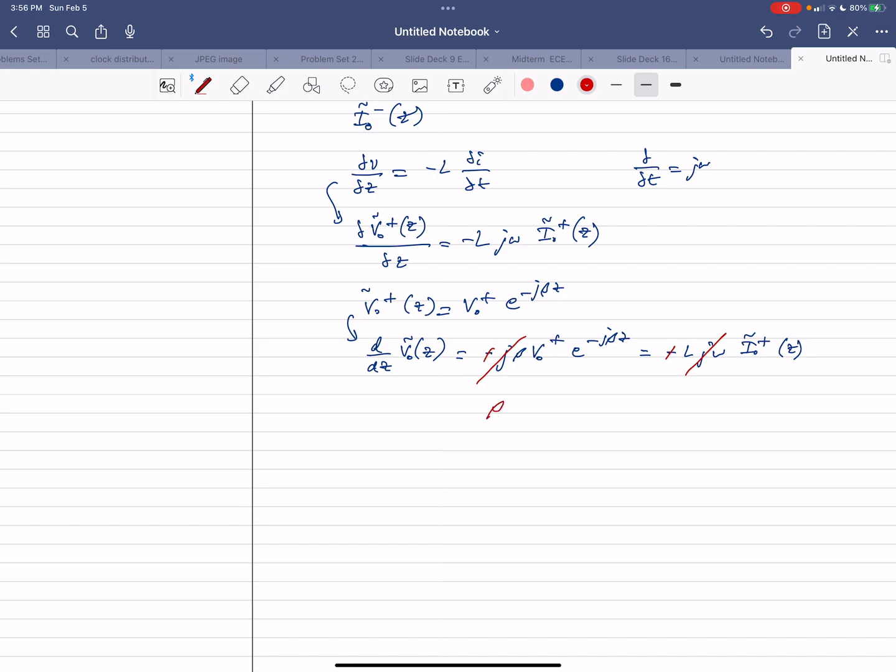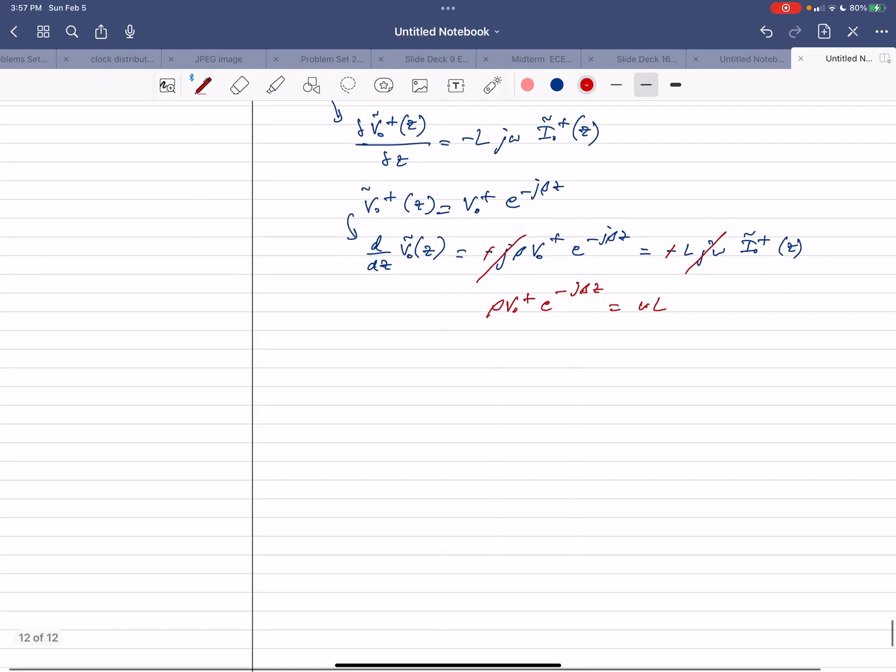Then I have beta V0 plus e to the minus j beta Z is omega L I0 plus Z. This is just the phasor notation again, so it's beta V0 hat plus Z is omega L I0 hat plus of Z.